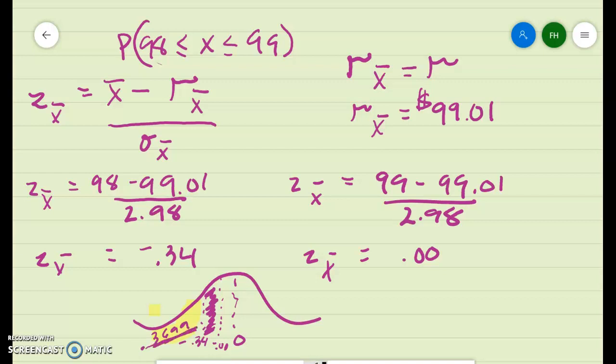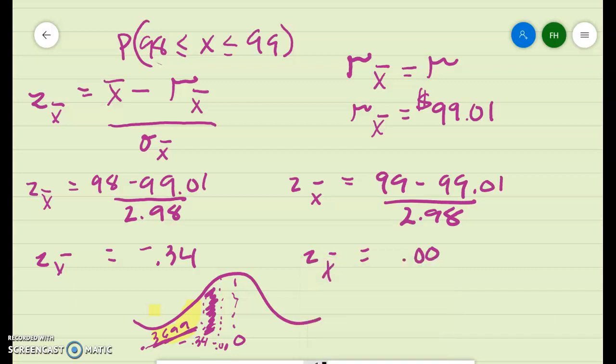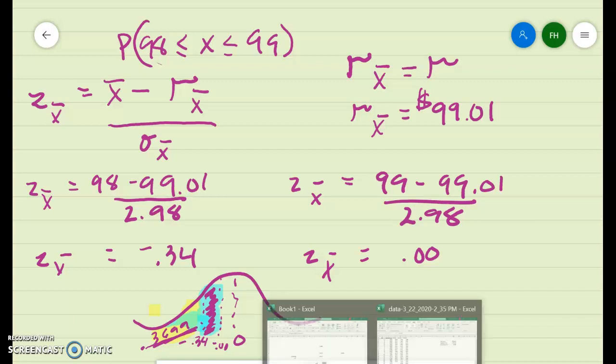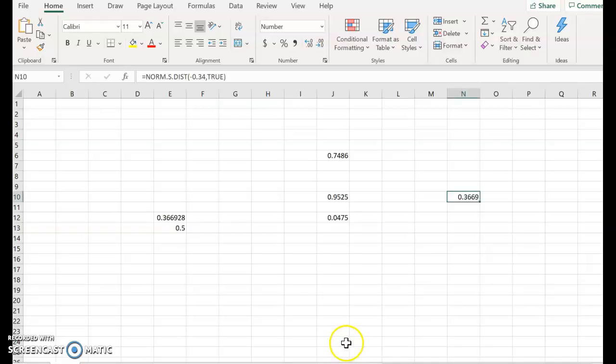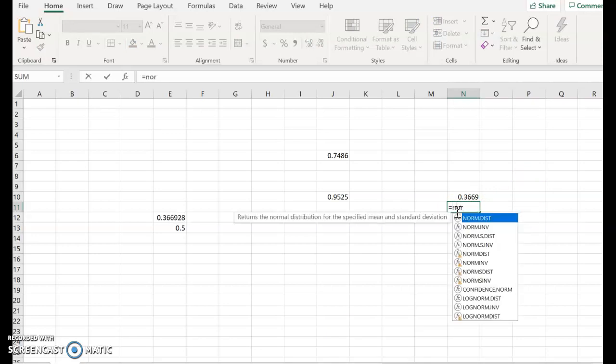Now we're going to look up another probability, and it's going to give us all this yellow up to this blue. So if we want to get the in-between, we're going to take this probability we're about to calculate and subtract out the yellow part, the 0.3699. So let's look up 0.00. Norm.